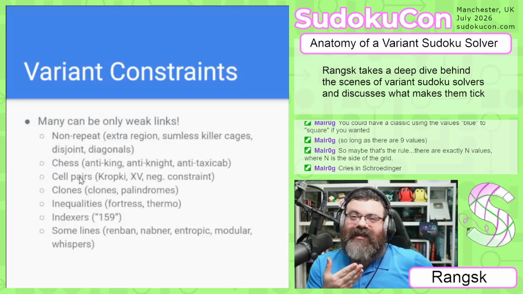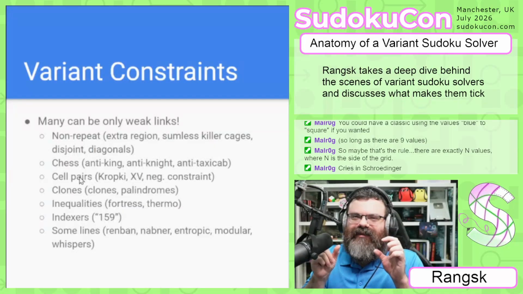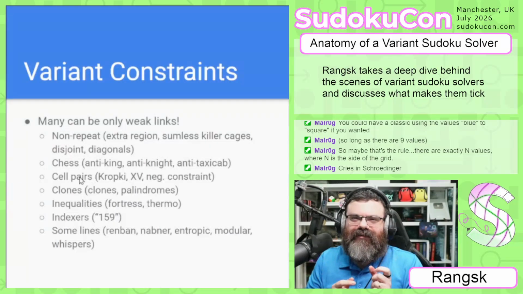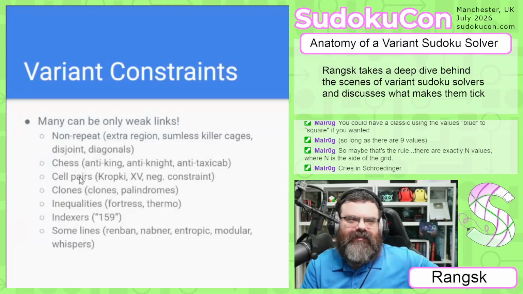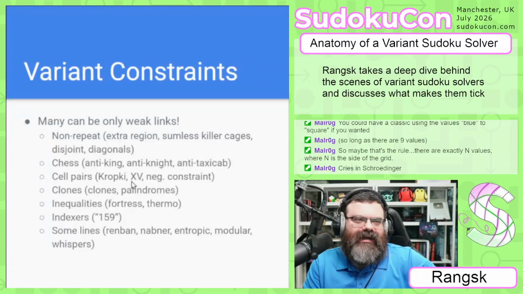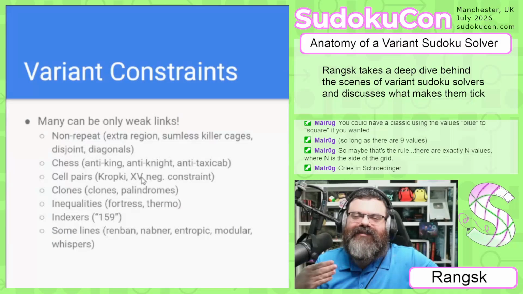So consecutive, if they have to be consecutive, then if a cell is a two, it eliminates everything except the one and the three. It eliminates the 2, 4, 5, 6, 7, 8, 9. So it's just a bunch of weak links from that 2 to other values of whatever is next to it. So that, the ratio constraint, 1 to 2 ratio, you just encode that in weak links. XV, even, summing to 5, summing to 10.